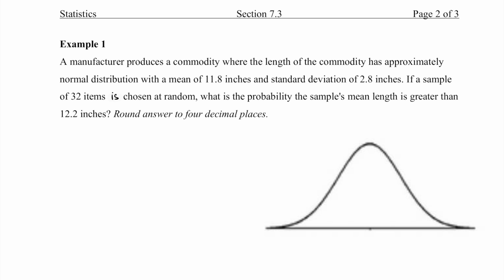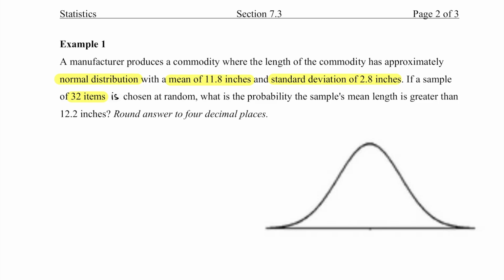Before we start calculating, let's identify the information we're given and what the problem is asking us to find. We have a normal distribution with a population mean of 11.8 inches and population standard deviation of 2.8 inches. The sample size is 32.